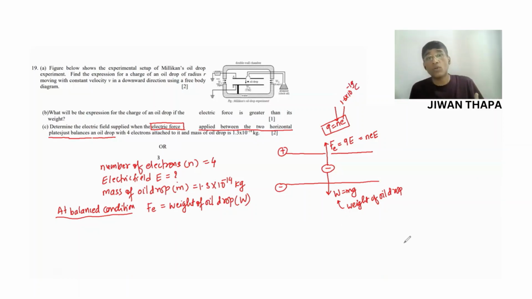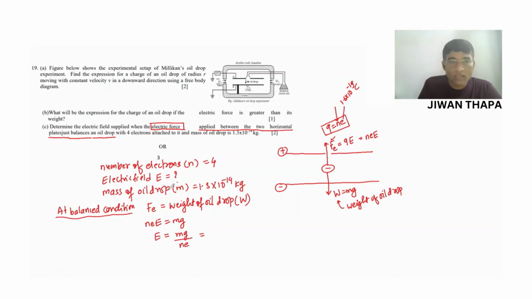This is the charge on a single electron. So electric force equals N small e capital E equals weight, and weight equals mg. We are asked to find the electric field, that is capital E. So this equals mg by Ne.